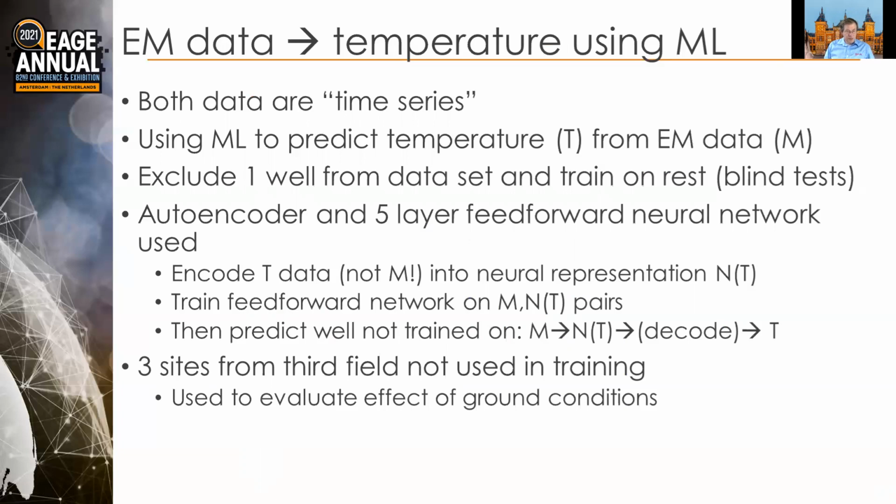But if there's steam injection, there's a hot zone, which typically has a beginning, an end, and a peak. So with those 5 numbers, the autoencoder network can pretty much compress all the temperature logs in an oil field. That means we now have to predict those 5 numbers from our electromagnetic time series and train our network to do that.